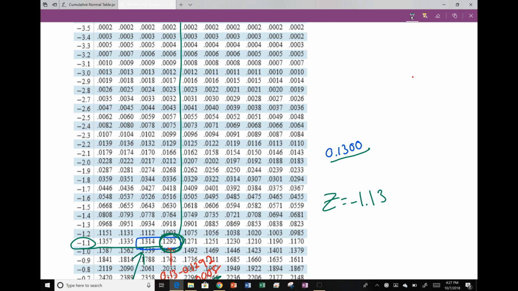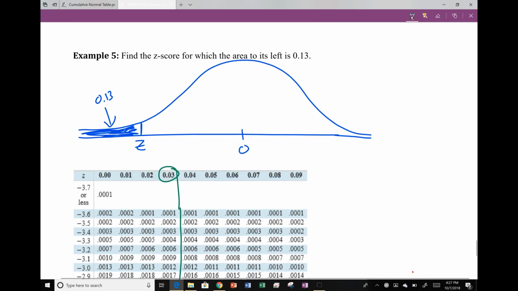So I'd like for you to start working on several of these, looking for areas to the left, looking for areas to the right of your z-score. Begin trying to draw those symbols. Try to draw the distribution every time. And when you do, you put 0 in the center.